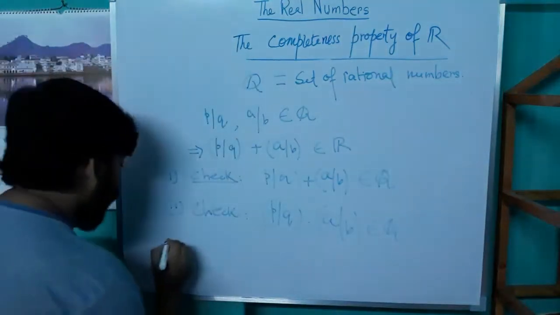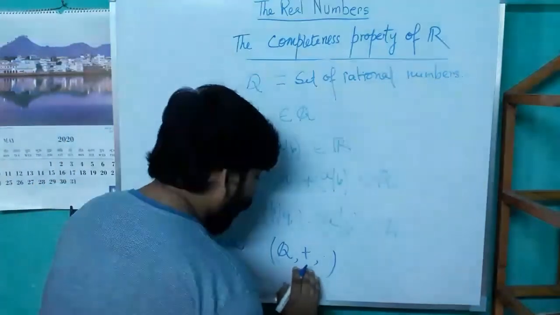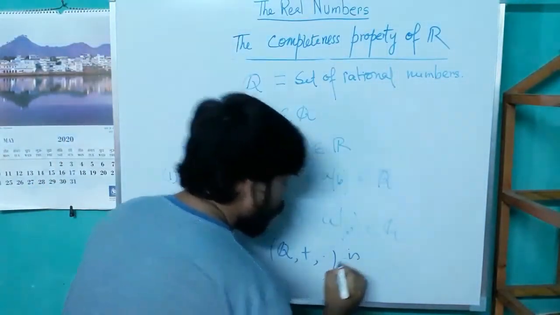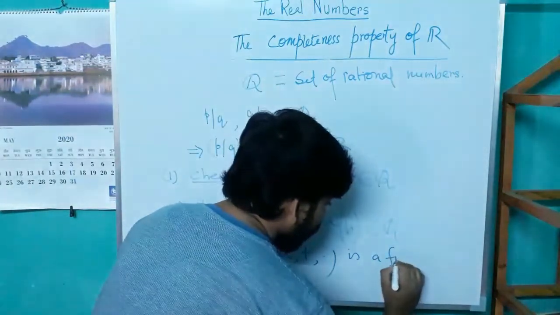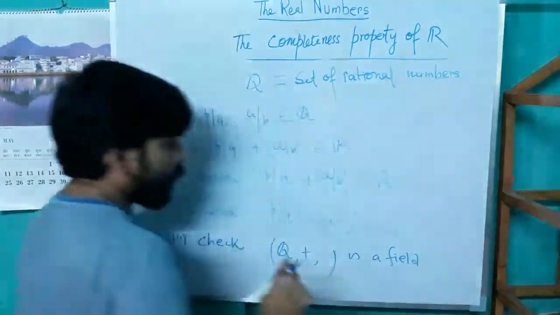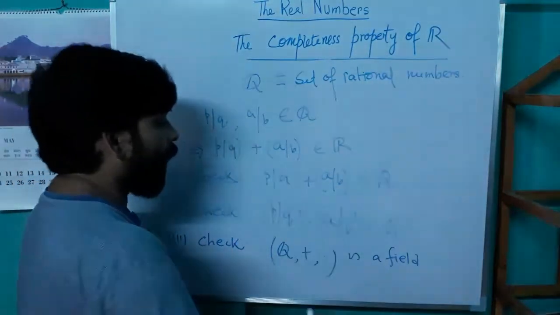Moreover, check that Q with plus and dot is a field. That is, check that it satisfies all the field axioms.